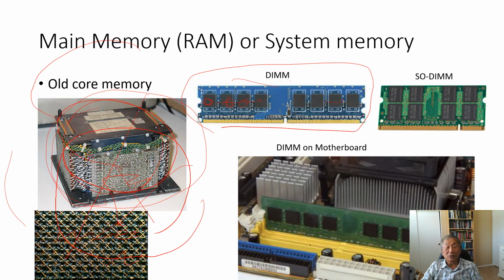On the back side, this dual inline memory module, or the small outline DIMM, is much shorter. Compared to this one it's shorter, though the length is almost the same. This DIMM memory goes in the big slot there. You just plug it in.